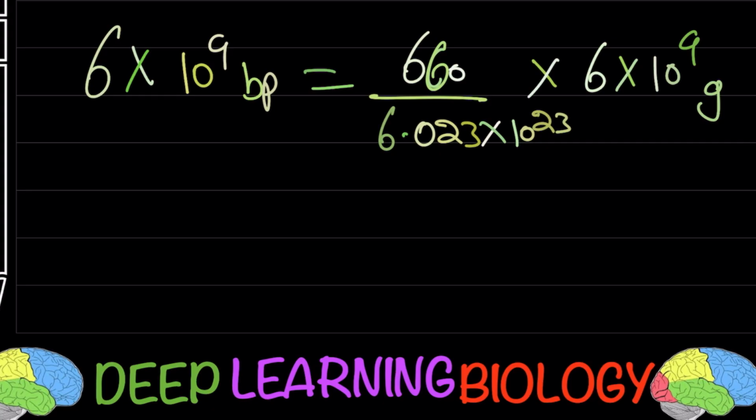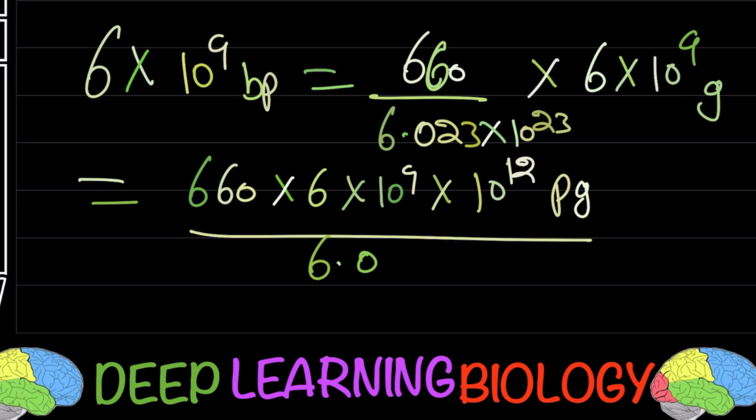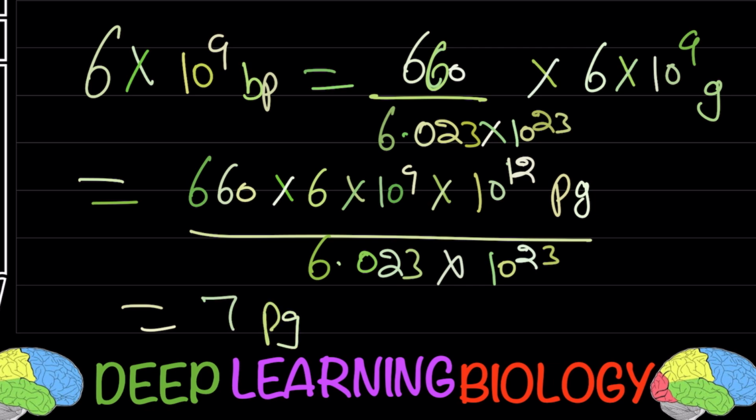If you want to convert this into picogram, it's simple. 660 into 6 into 10 to the power 9 gram, just multiply it with 10 to the power 12, and your answer will come in picogram, divided by 6.023 into 10 to the power 23. If you solve this, it will come out 7 picogram. So keep in mind, the total weight of DNA in a human diploid cell is 7 picogram.